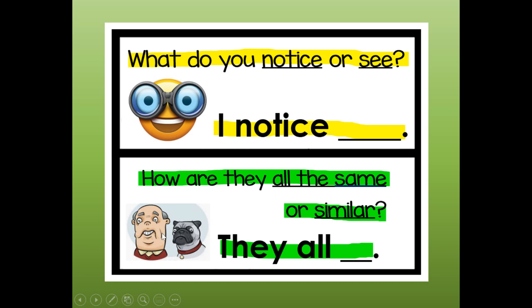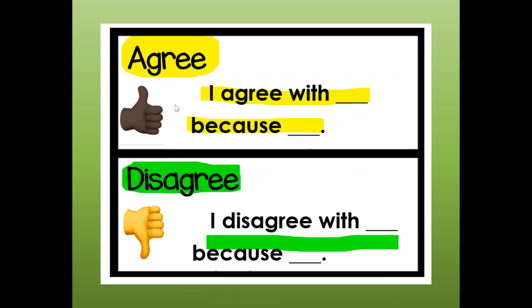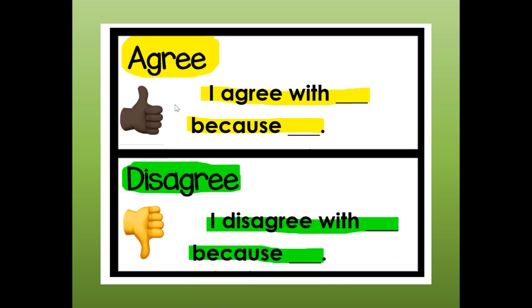They have long jowls and little beady eyes. And then if you have a partner, or if I'm your partner, you can say, I agree with you because, and tell me why. Or if you disagree, you could say, I disagree with you because, and tell me why.